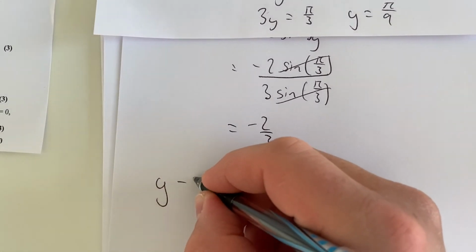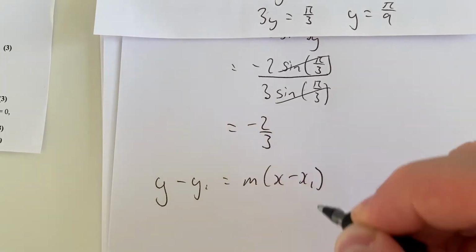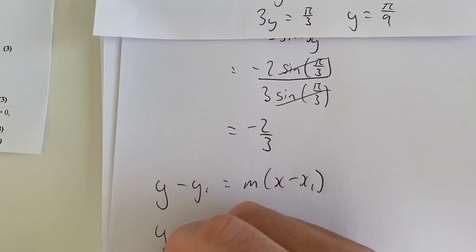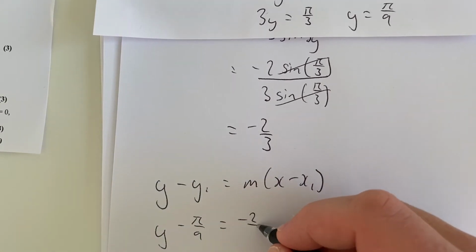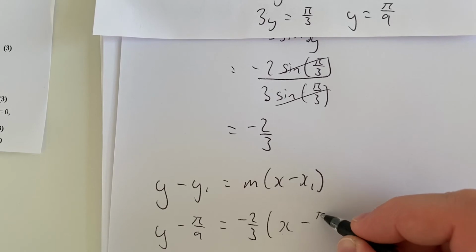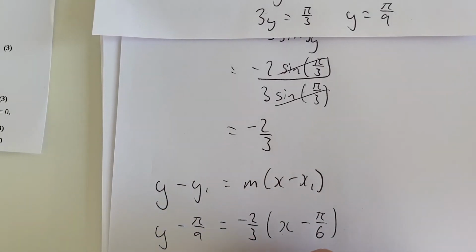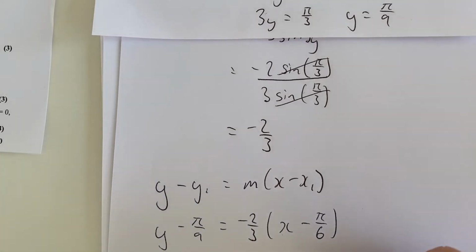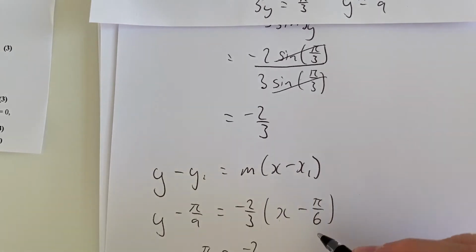And then if we put that into y minus y1 equals m(x minus x1), you can say y minus pi by 9 equals minus 2/3 of x minus pi by 6. So y minus pi by 9 equals minus 2/3 of x minus, well, that'd be 2/18 or a 9th.